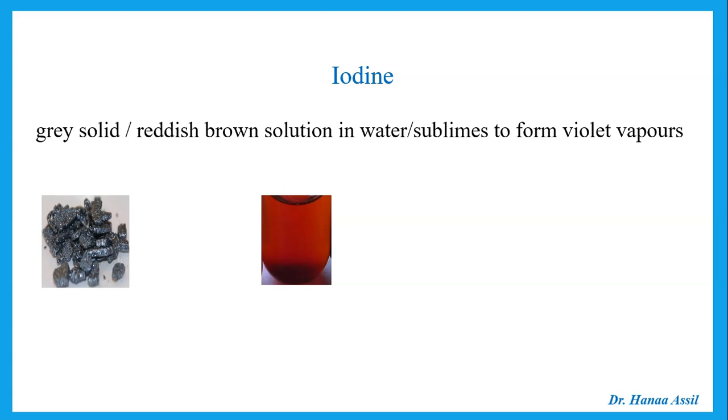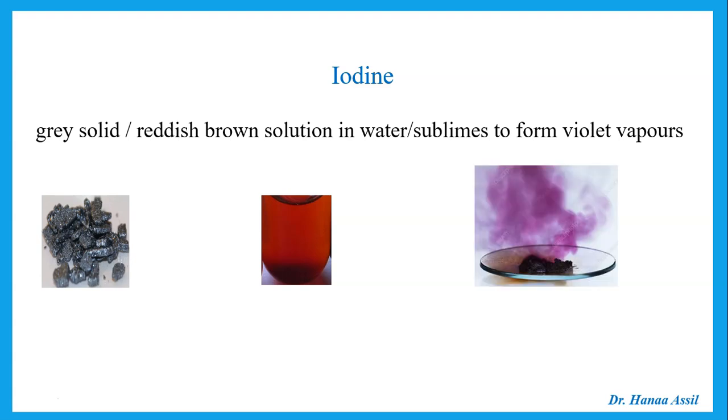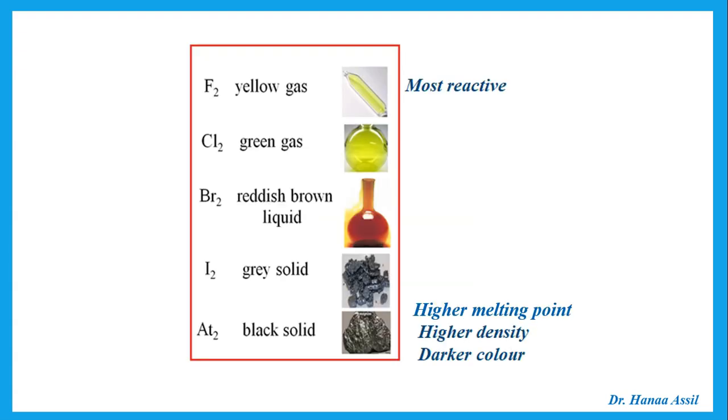Now, if we heat the gray solid, it sublimes. Remember, sublimation means it changes from solid to gas directly. And when iodine sublimes, the vapors are violet vapors. So, as a solid, it's gray, in solution, reddish brown, and as a gas, it is violet vapors.